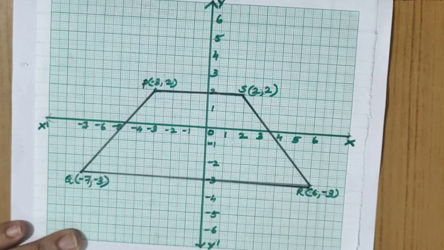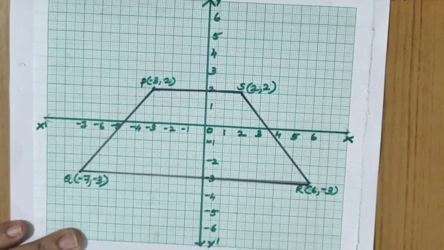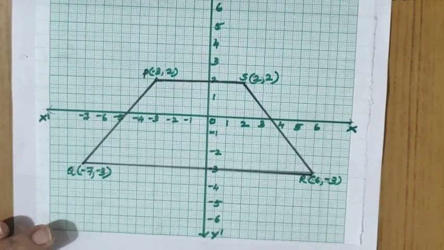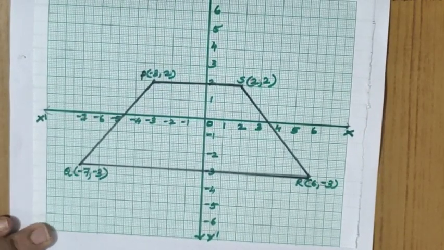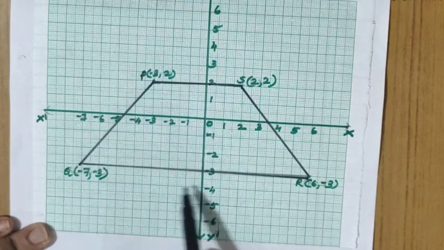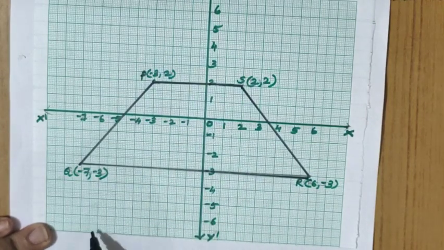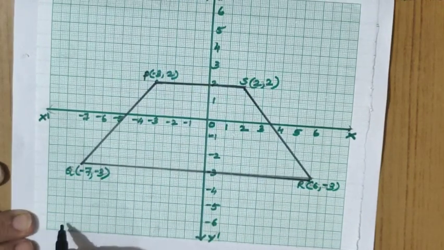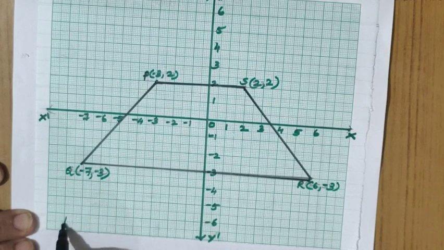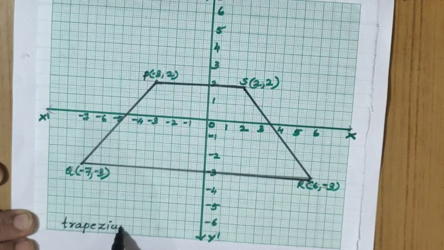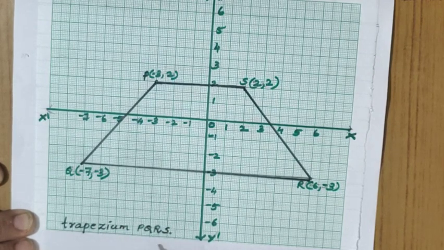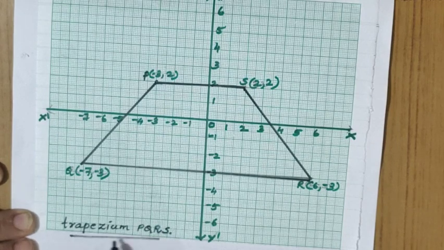That is the question asked here. So you can see that one pair of opposite sides is parallel here, which is that one, PS parallel to QR. So what is the name of the diagram here? It is a trapezium. So what is the name of the figure we got? The name of the figure is trapezium PQRS.